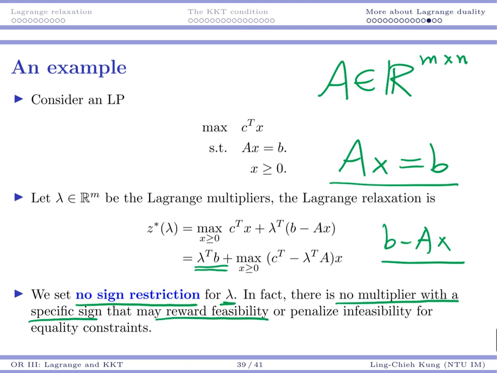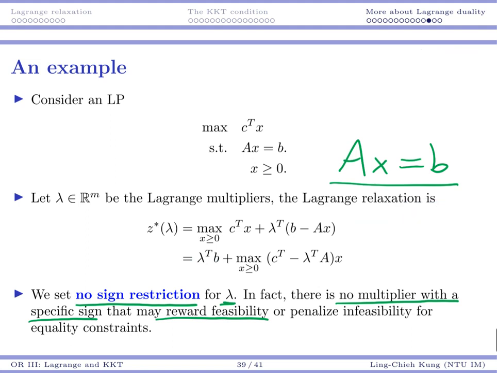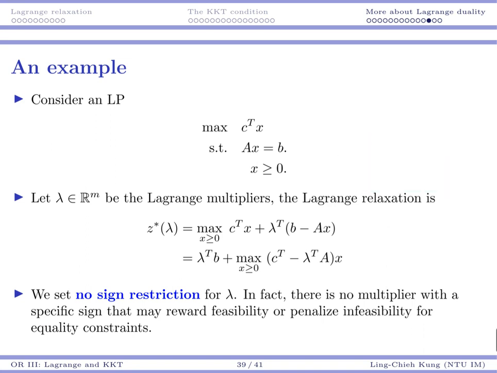Then in that case, you really have no idea whether your lambda should be positive or negative to reward feasibility, because either way is possible. Whenever x is infeasible, it may be positive or negative. So how should we do? In that case, our lambda would be unrestricted in sign. Okay? And we will let the optimization determine whether lambda should be positive or negative.